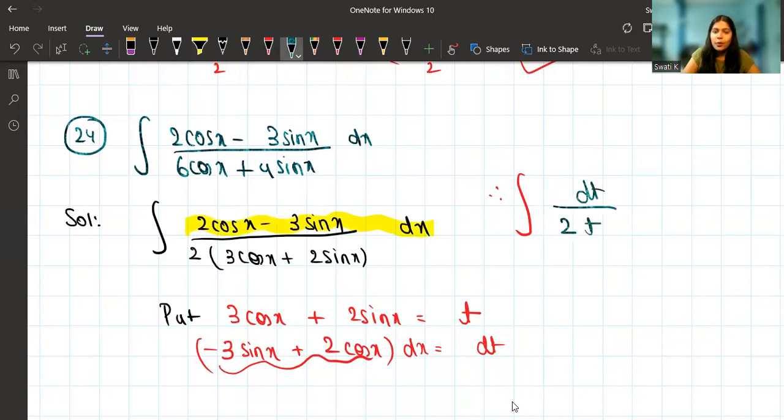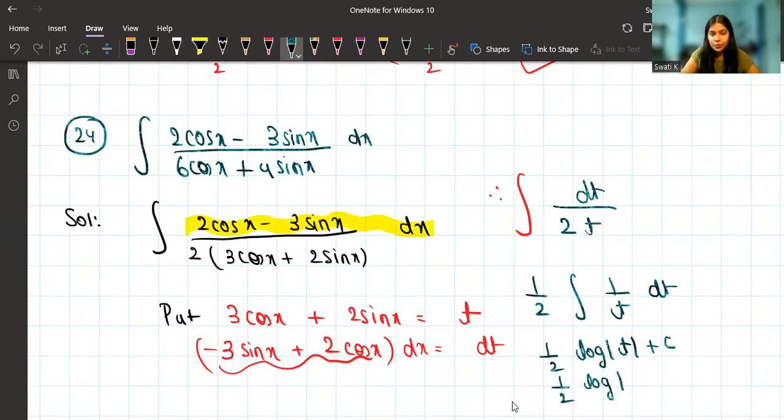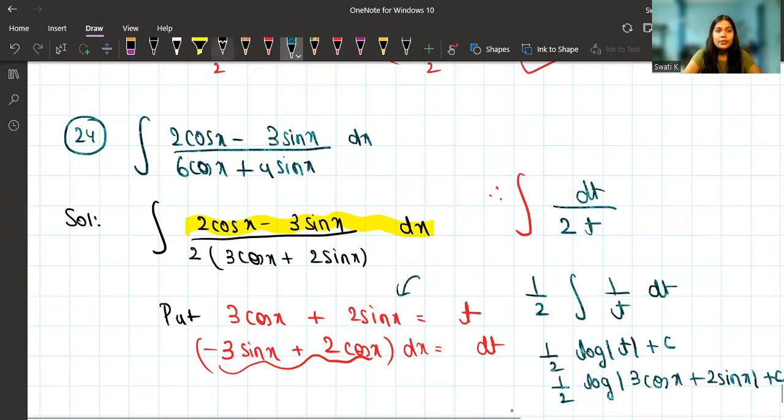So 1 upon 2 outside, then we have just the integration of 1 upon t dt, and the integration of 1 upon t, we all know, is log mod t plus c. So it is simply 1 upon 2 log mod t, where t we have substituted here: 3 cos x plus 2 sin x, and then plus the constant of integration. So that is your answer.